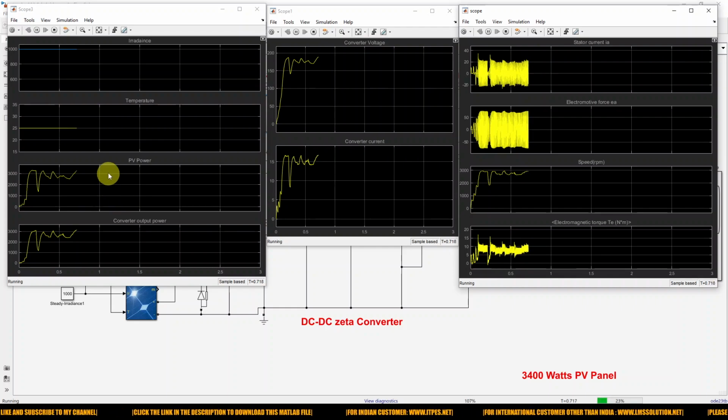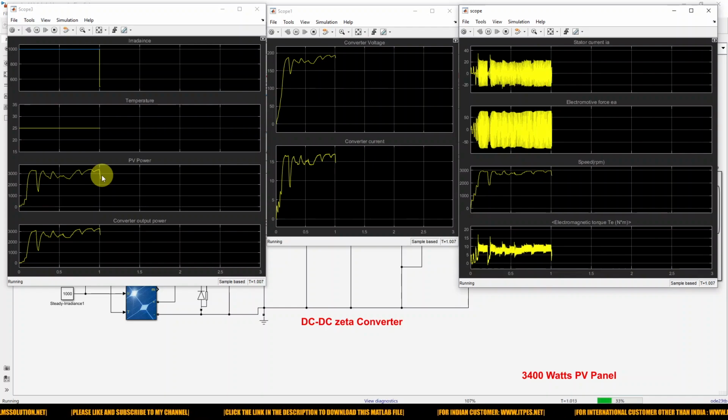After 1 second, the irradiation of PV panel 1 changes from 1000 to 500, and then we check the PV power extraction under PSO MPPT.